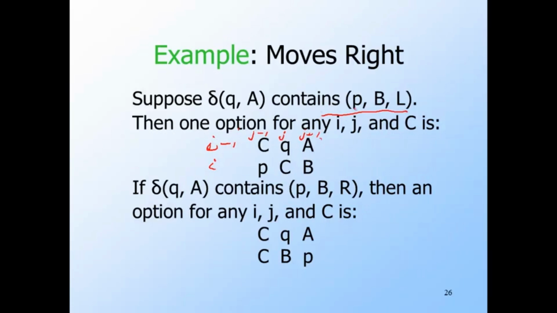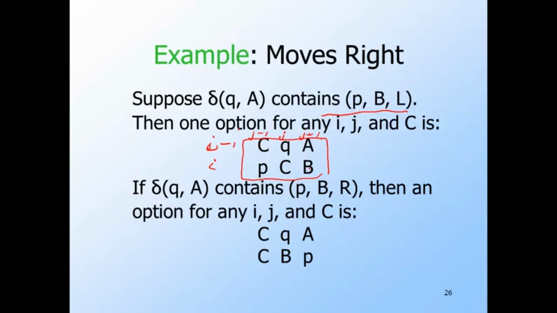Then one possibility for the 6 variables represented by this rectangle is the combination that is reflected here. That is, the state Q has become P, has moved to the left. The C is unchanged, but its actual position is different. And the A has been replaced by a B.